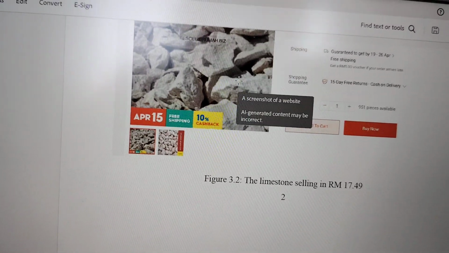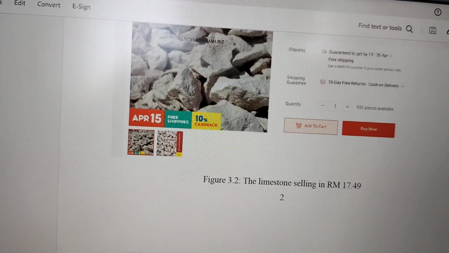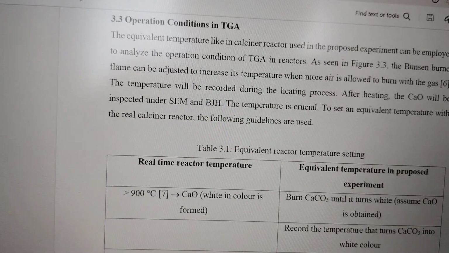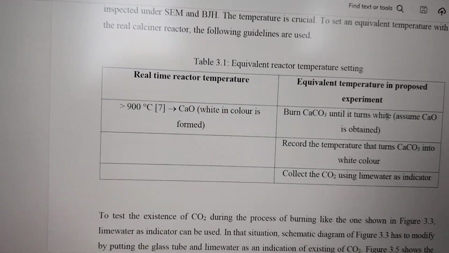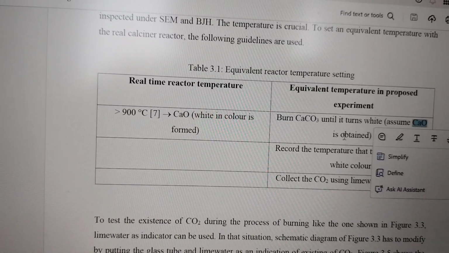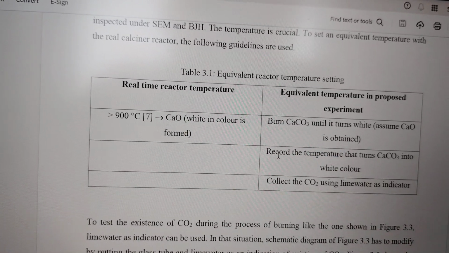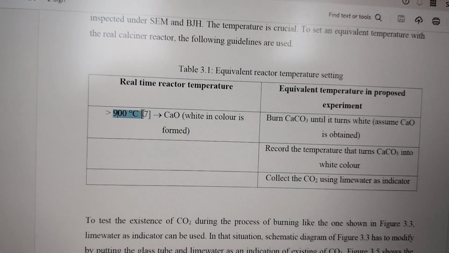If it's a big quantity, it's very difficult to burn. So I make it small, which is easier to burn until it turns white. That is the CaO. At that time I will record the temperature, and this temperature should be equivalent to 900 degrees Celsius.